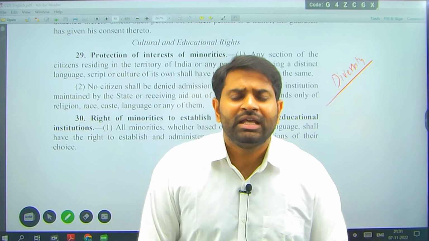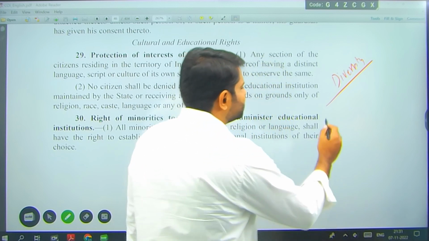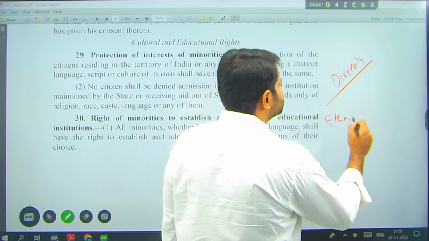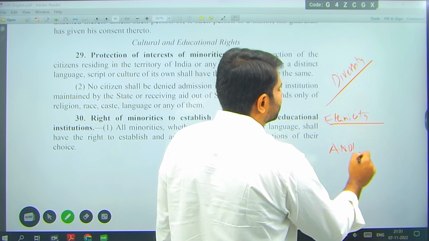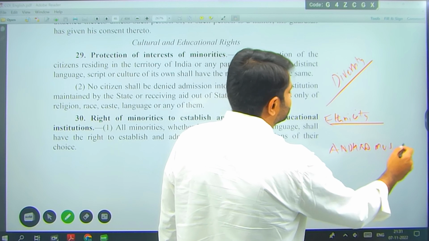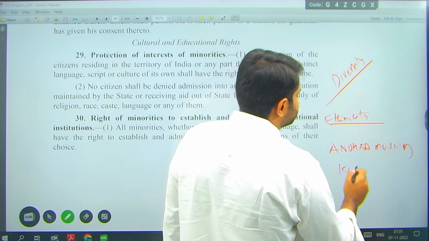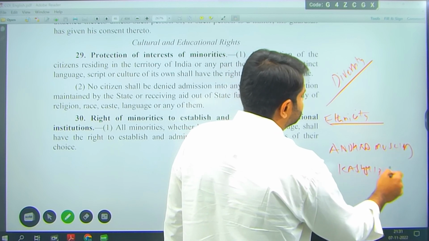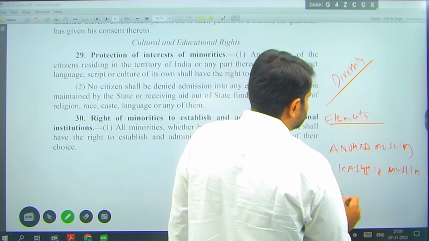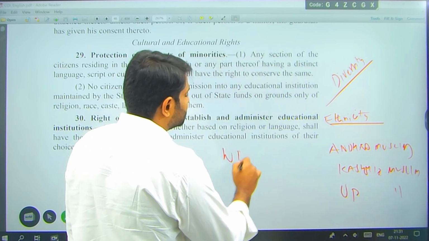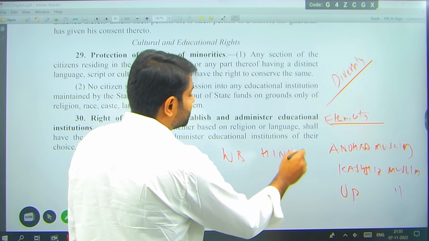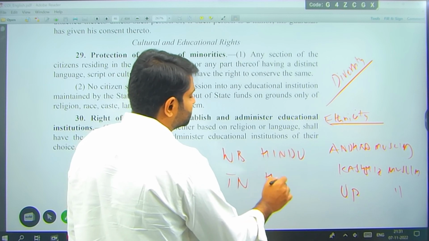And again, there is ethnicity also. Different ethnicity is also there. What is ethnicity, sir? Andhra Muslim, Kashmir Muslim, Uttar Pradesh Muslim, West Bengal Hindu, Tamil Nadu Hindu.